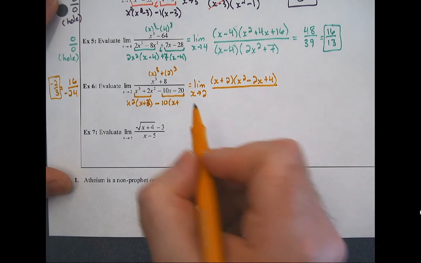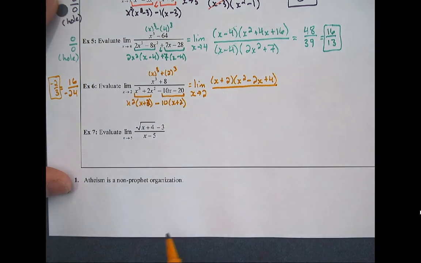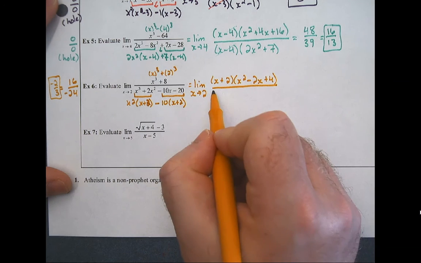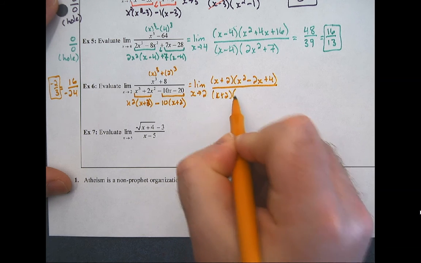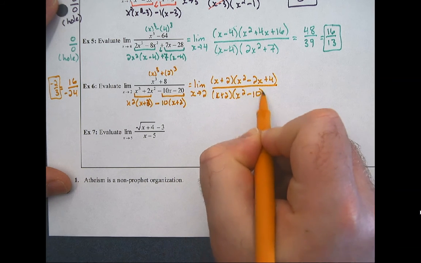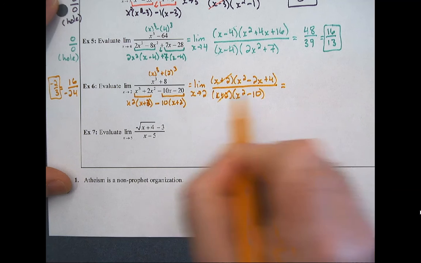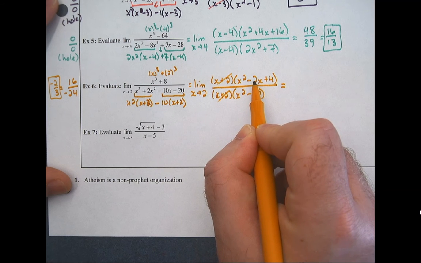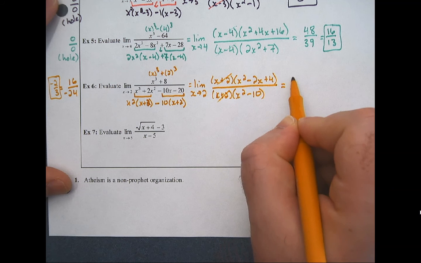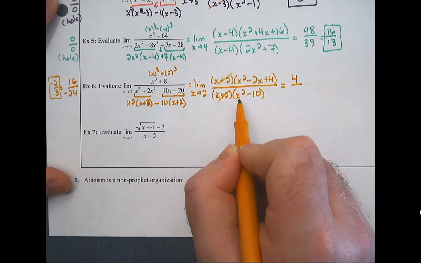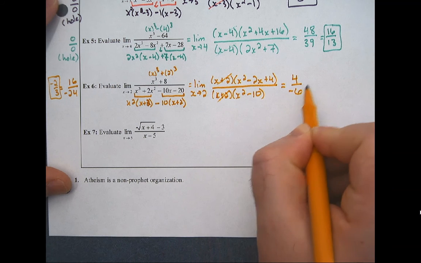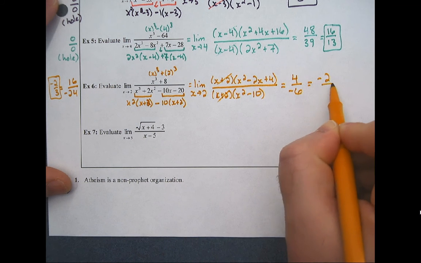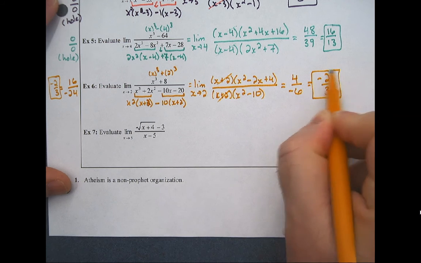Man, I hope you guys don't judge me by this video. x plus 2, x plus 2, x squared minus 10. Cancel, cancel, direct substitute. 2 squared is 4, take away 4, so it's 4. Oh, yeah, that's okay. 4 take away 10 is negative 6. Reduce, negative 2 thirds. Sorry.